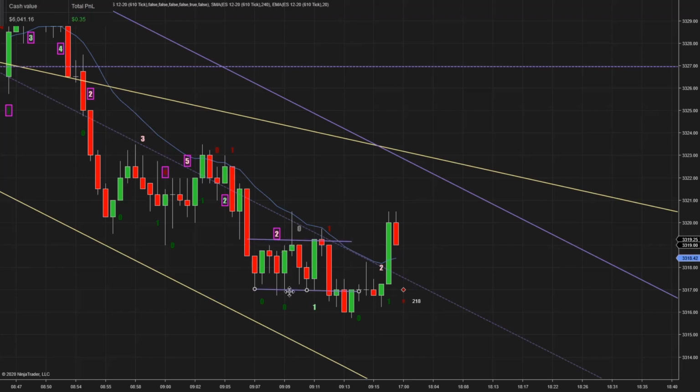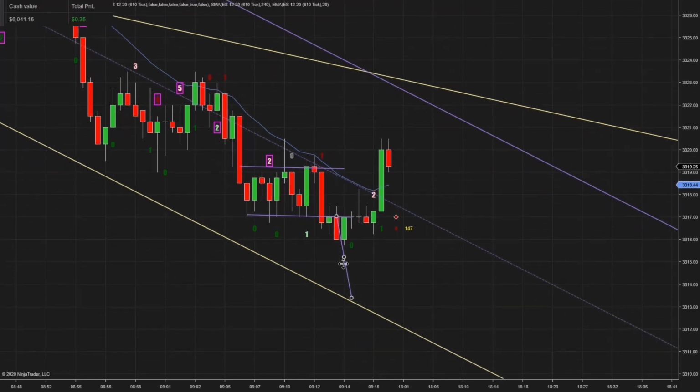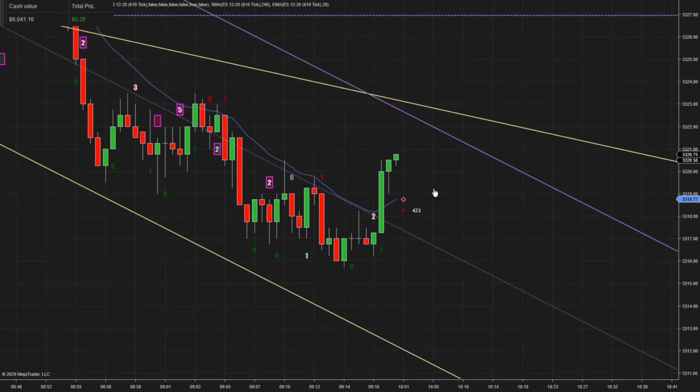When we broke down from this range, instead of coming strongly down like this, we went immediately into another range, showing that the bulls are still in town. Those are clues that the bulls are still here, and they are beating the bears at the moment.